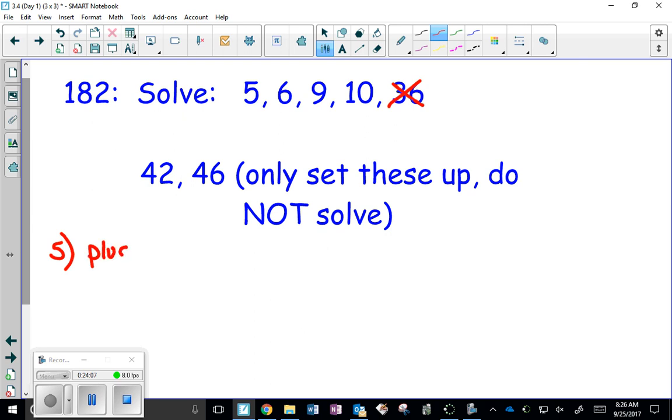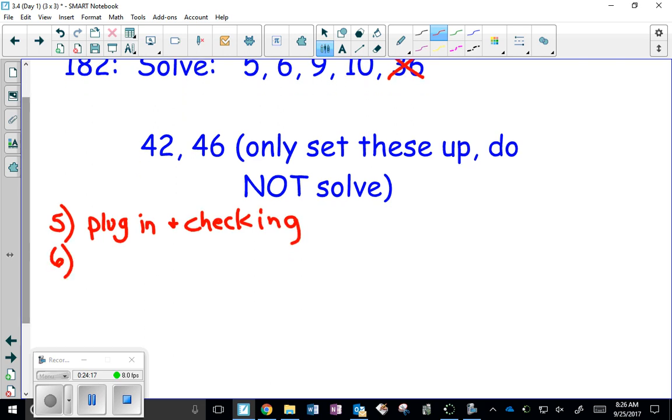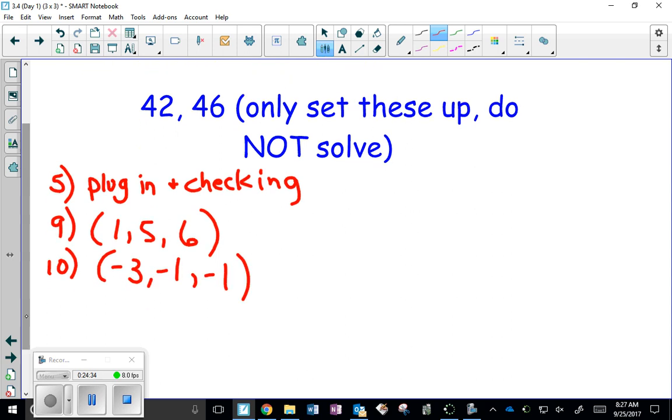So number 5 is just plugging in and checking. You're not solving. Then number 6, number 9, you start solving from scratch. So number 9, you should get 1, 5, 6. For 10, you will get negative 3, negative 1, negative 1. And number 19, you will get 0, 0, negative 2.